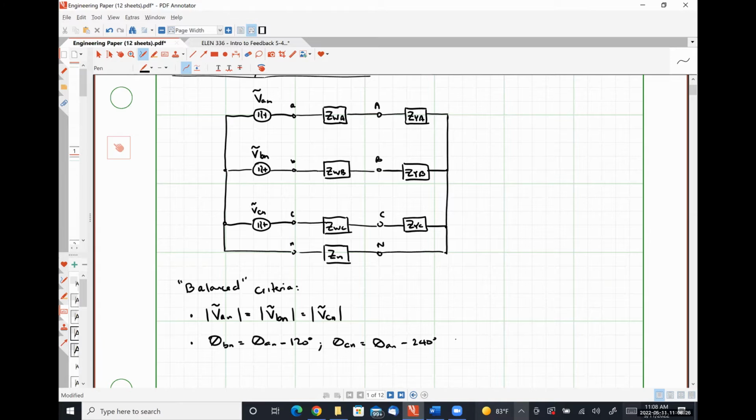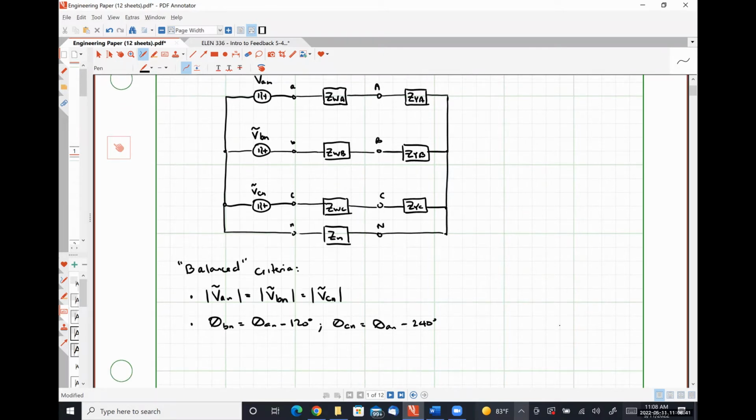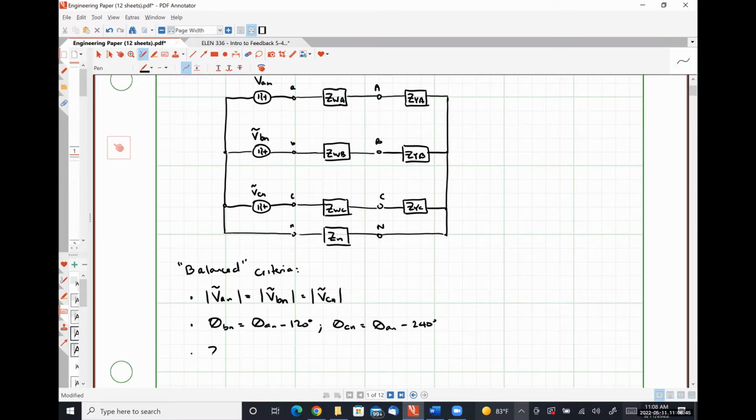Yeah, so the magnitude of the voltages have to be equal, and we have to have 120 degrees of phase separation between our voltages. So that's what makes our source a balanced source. To make our transmission line network a balanced network, we need ZWA, ZWB, and ZWC to be equal.